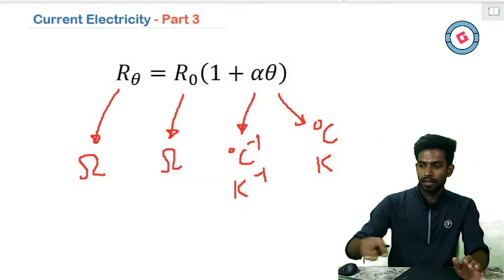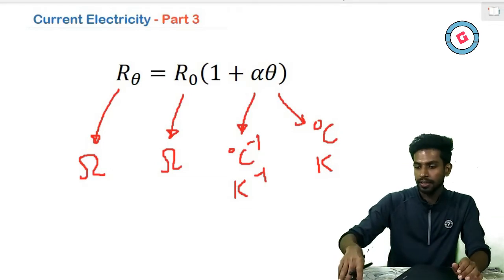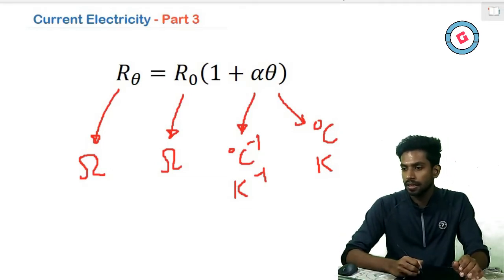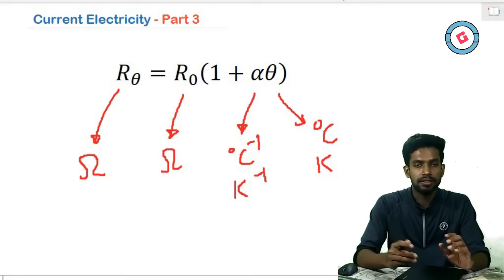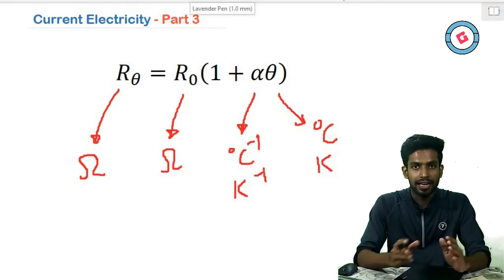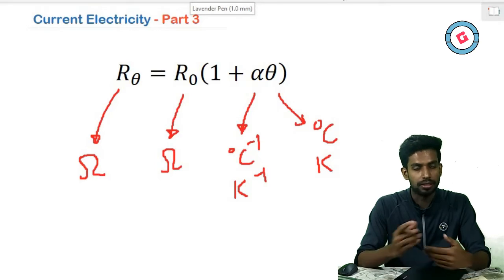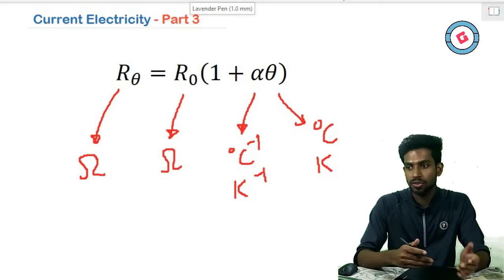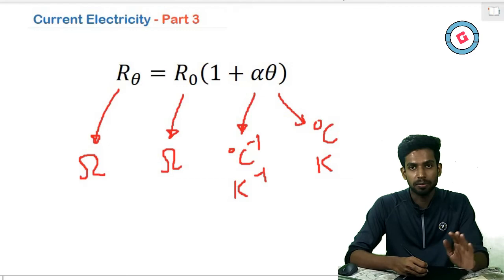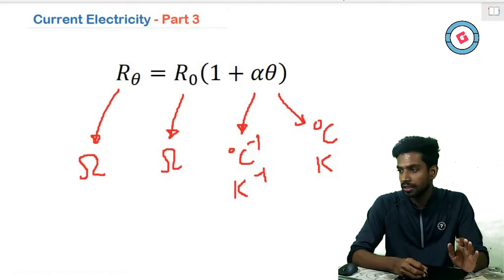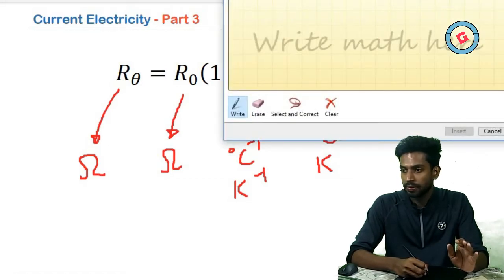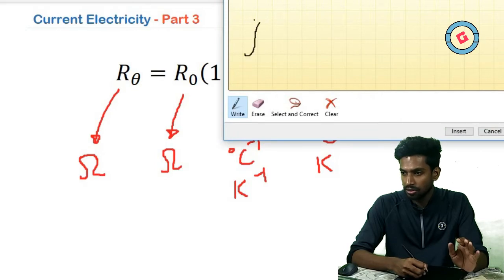So this is the equation, and since for a given conductor, L and A will be constant, R is directly proportional to rho. So we can write a mathematical equation for resistivity also.